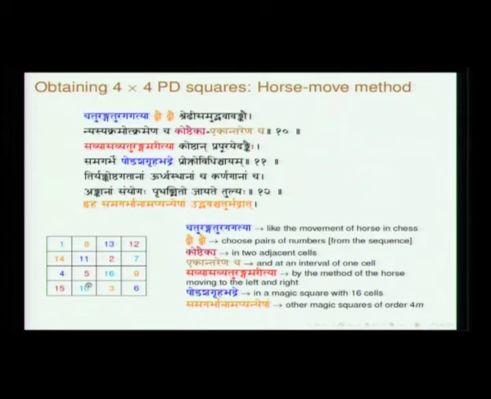So how does it come out? Tiryakkoshthagata means, suppose this is what is called Tiryak, the horizontal thing is called Tiryak, and the other thing is Urdhva. Urdhva is up, so vertical. So whether you sum the cells horizontally or vertically, Urdhvasthanam, then Karnaganam.